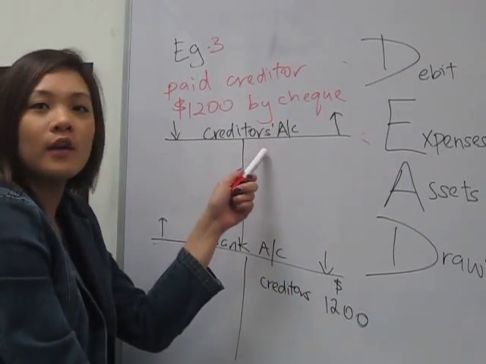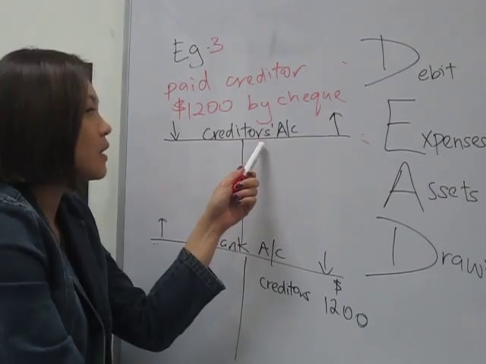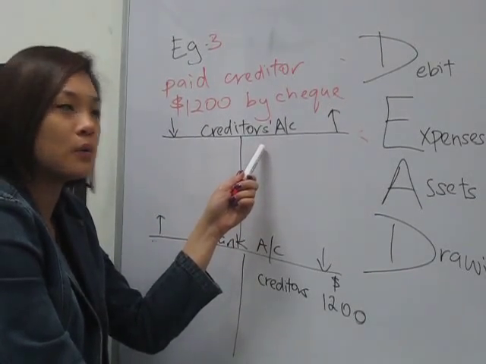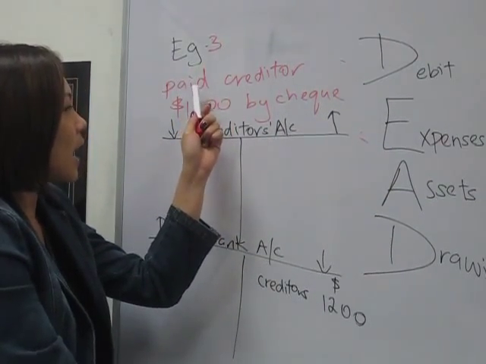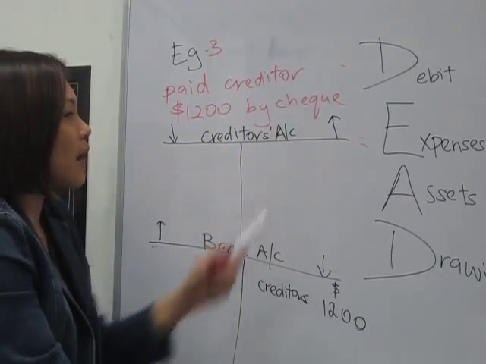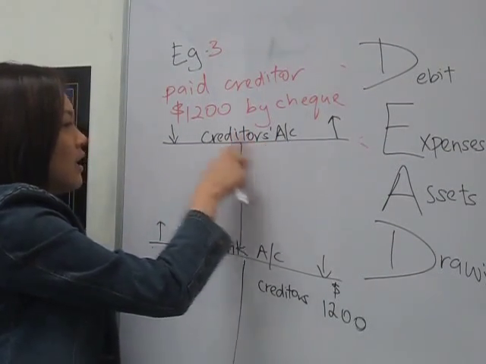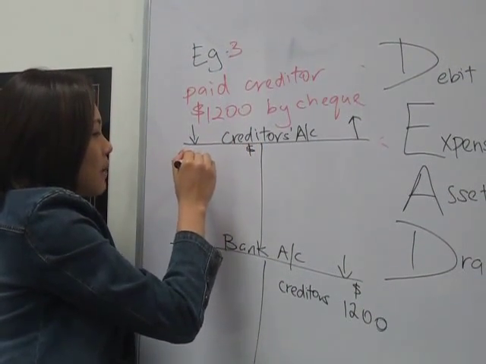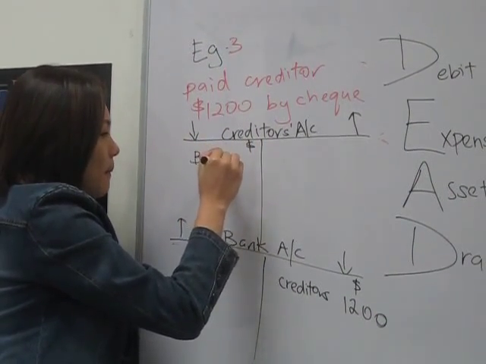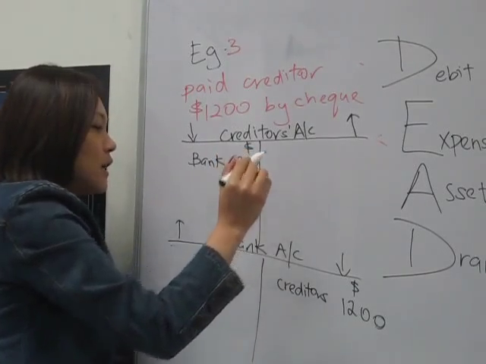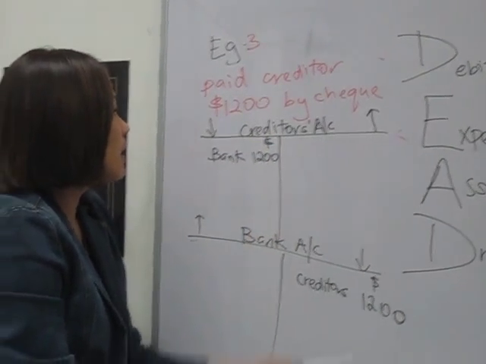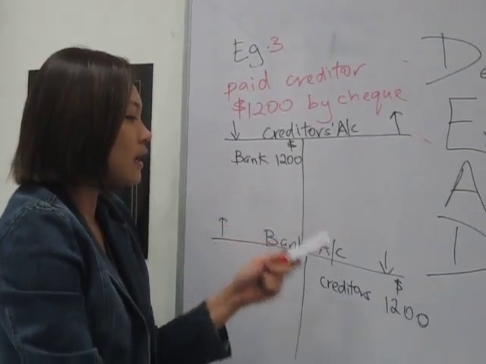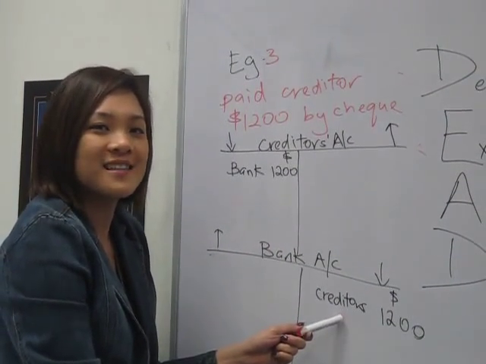Who are creditors? Creditors are the people that the business owes. So if I pay my creditor, I will owe my creditor less. Therefore, I will put it on the debit side. Here we also see that one debit, the other account will be on the credit side.